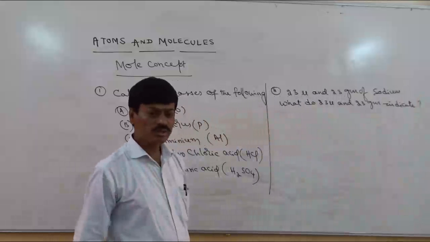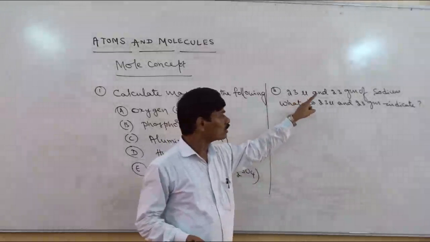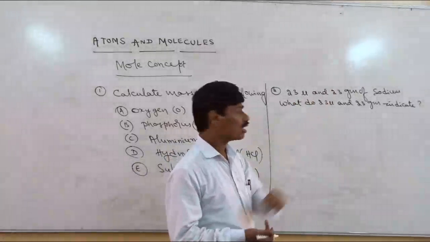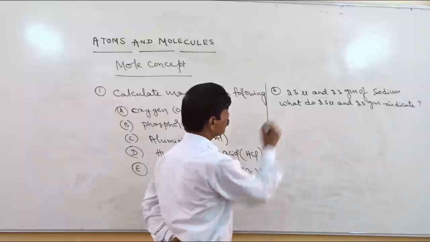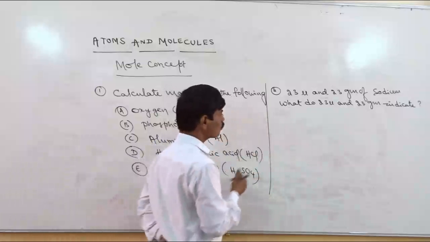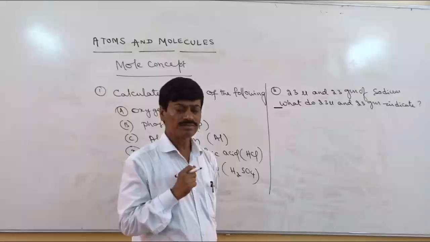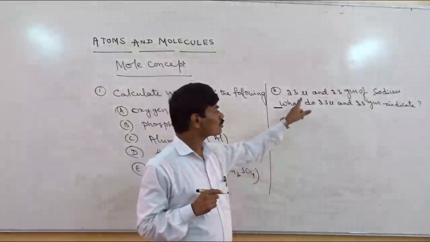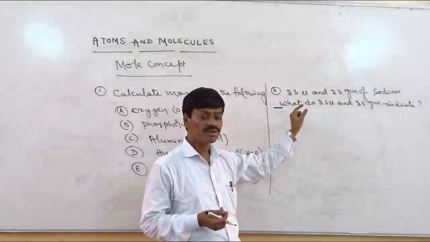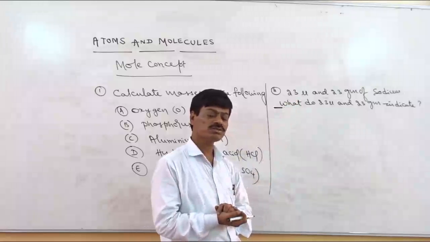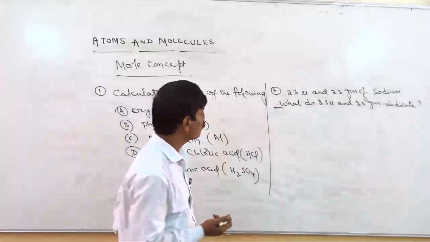Here, children, 23 u stands for the mass of one sodium atom, and 23 grams of sodium means Avogadro number of sodium atoms, right? So this I'll work out, and thereafter I'll give two more numericals based on this. So here 23 u stands for the mass of one atom of sodium, and 23 grams of sodium means Avogadro number of sodium atoms. That means 6.022 × 10^23 sodium atoms. That is the value.